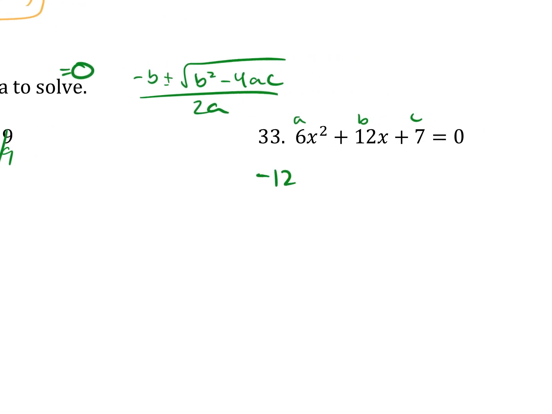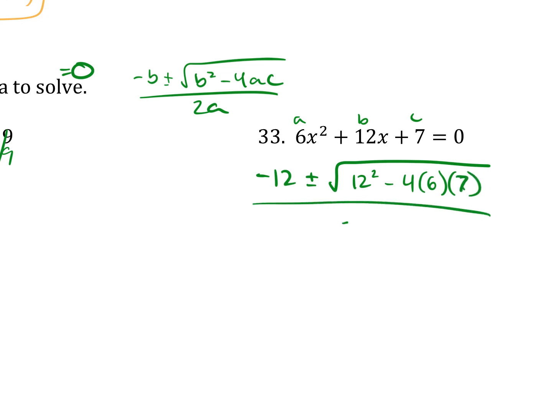So negative 12 plus or minus the square root of 12 squared minus 4 times 6 times 7 over 2 times 6.